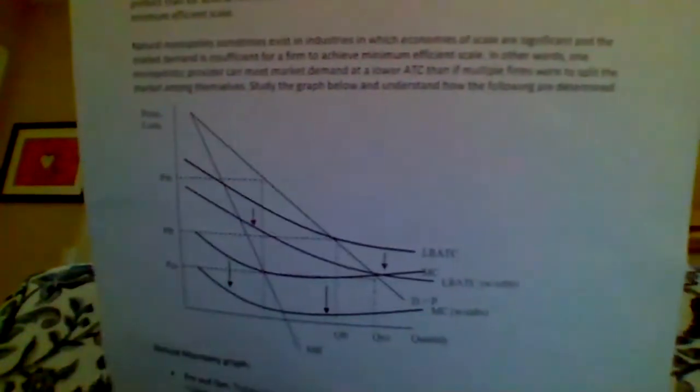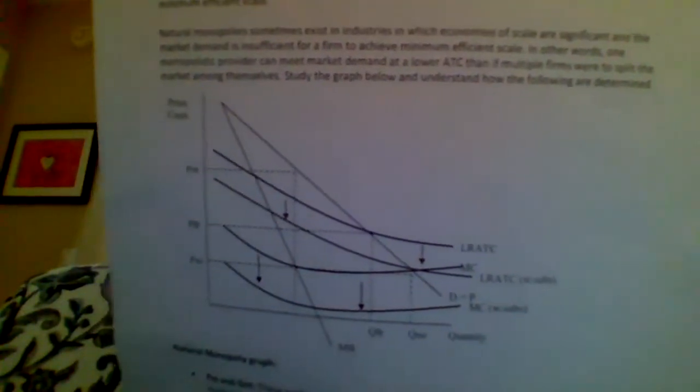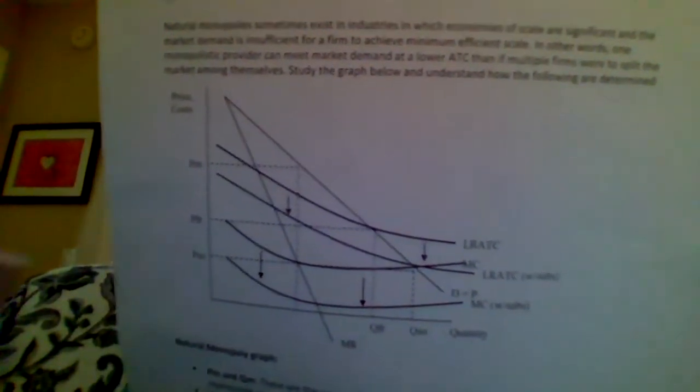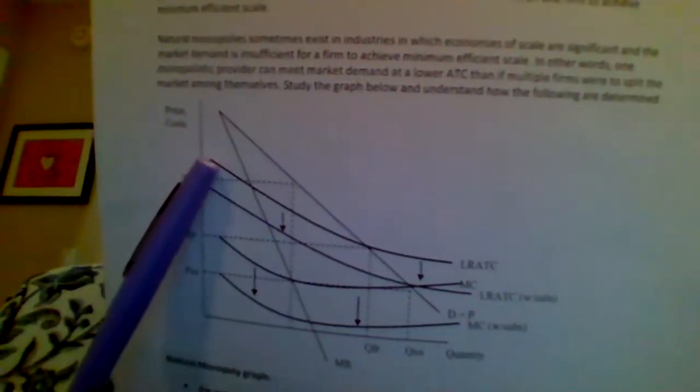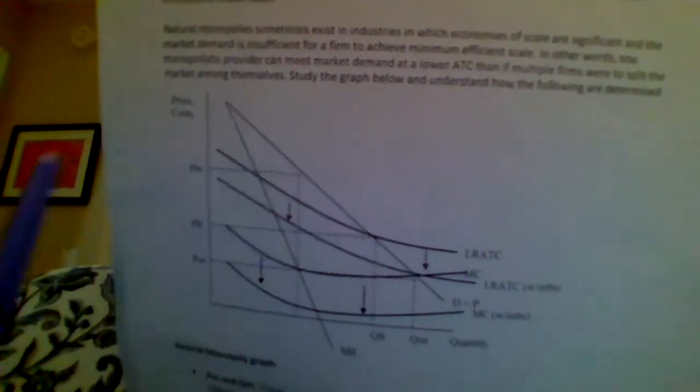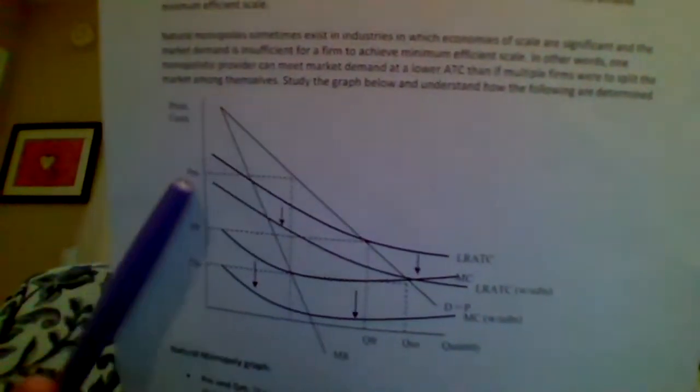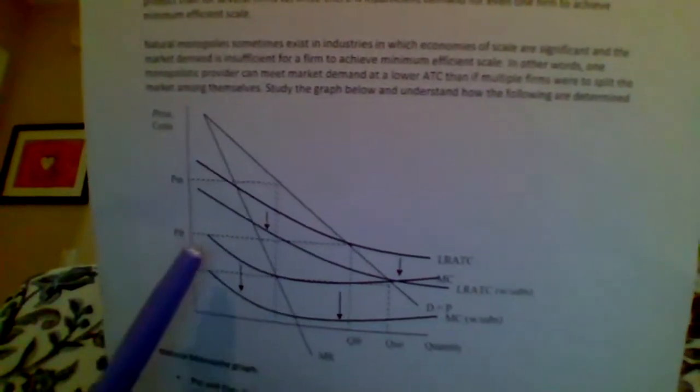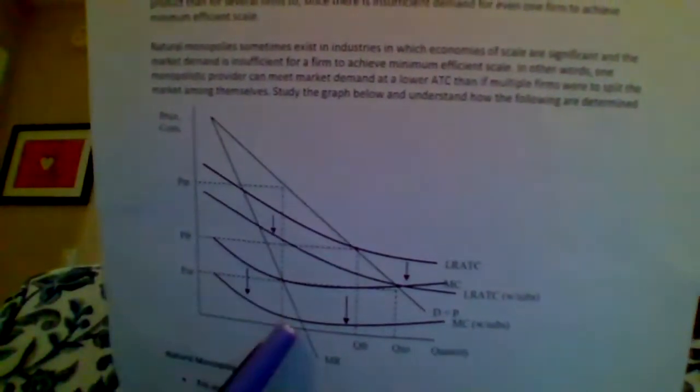It doesn't slope back up. That means it's a natural monopoly. And this one is showing you that in the long run, originally we had this LRATC, and then we dropped down to this one. And our MC went from here and dropped down because in a natural monopoly, we will slowly decrease our costs as we experience economies of scale.